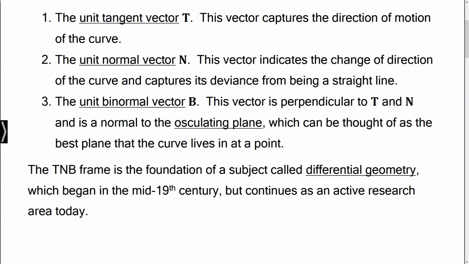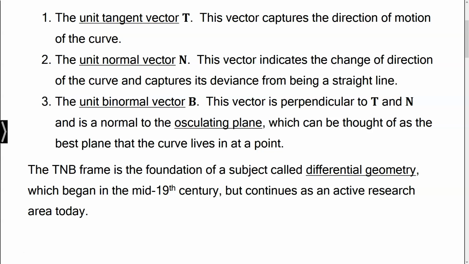What we're doing is keeping track of the direction given by T and then taking the derivative of that. So how much is just the direction changing? Not the direction and the speed, but just the direction. Take that derivative and then normalize it, because that derivative may not be a unit vector, but we normalize it to make it a unit vector, and that's the unit normal.